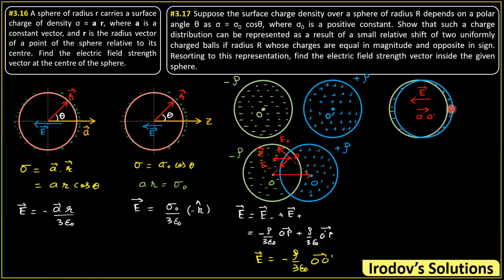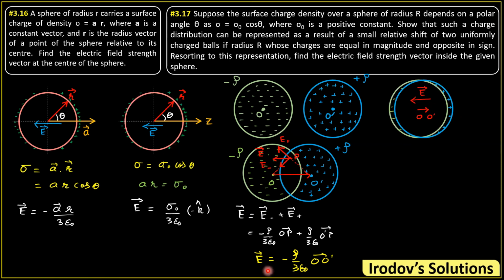And here there will be positive charge, here there will be negative charge. So this positive and negative charge can be treated as a thin charge layer at the surface. At this point, the charge is 0. Here the charge is maximum, and here the charge is maximum in magnitude with negative sign. So this charge distribution is similar to this charge distribution, and the result will apply.